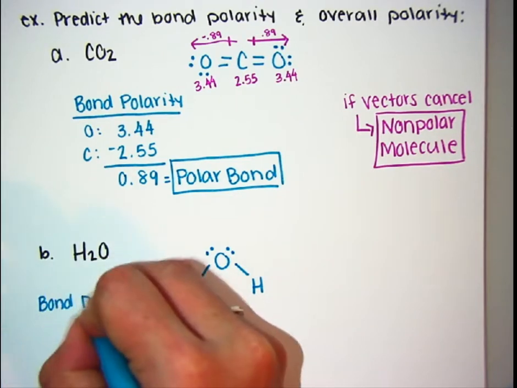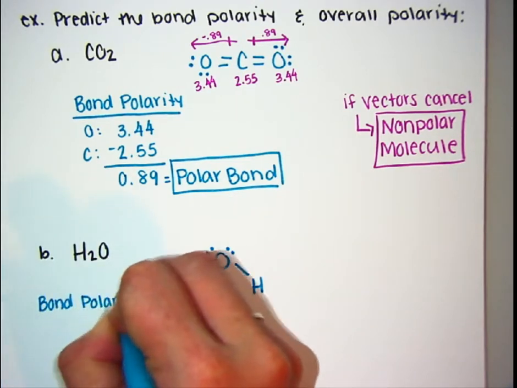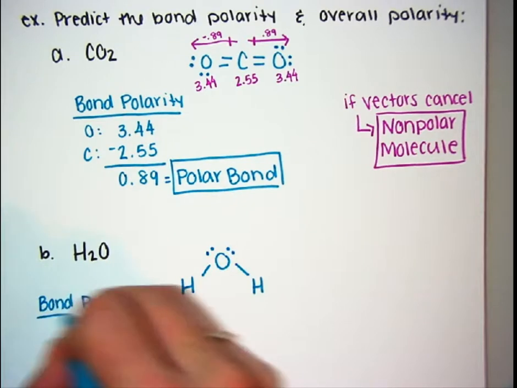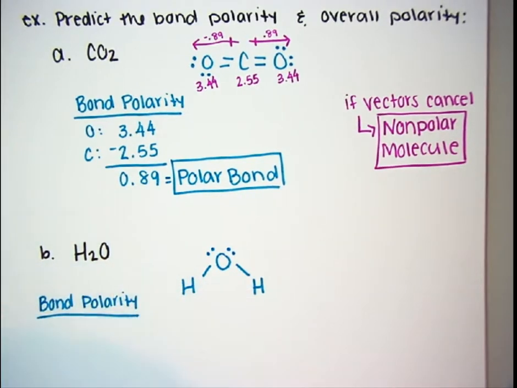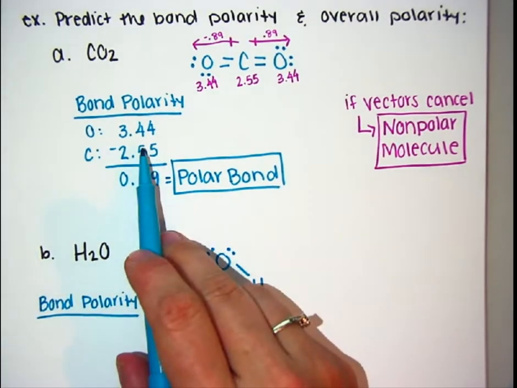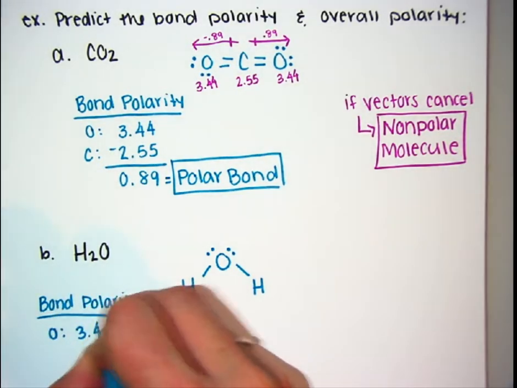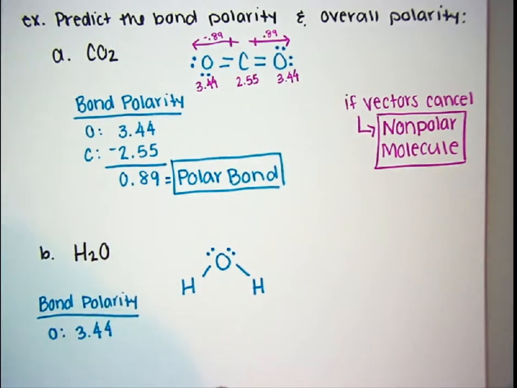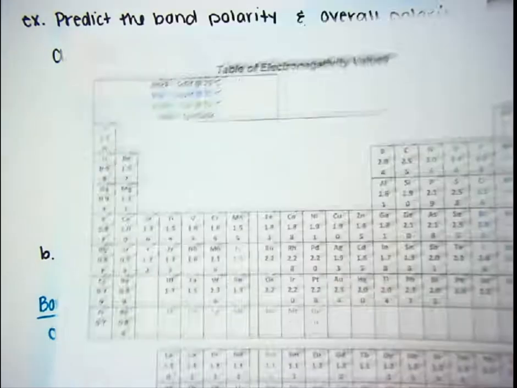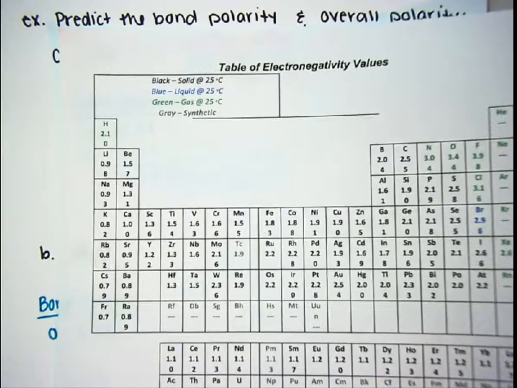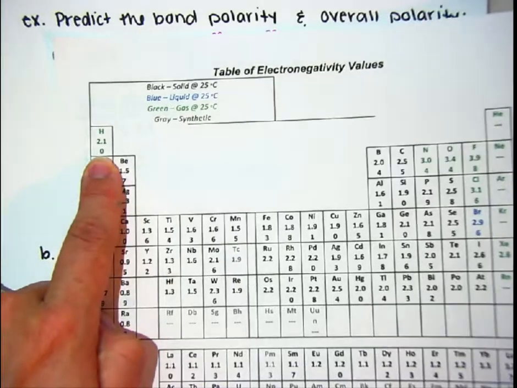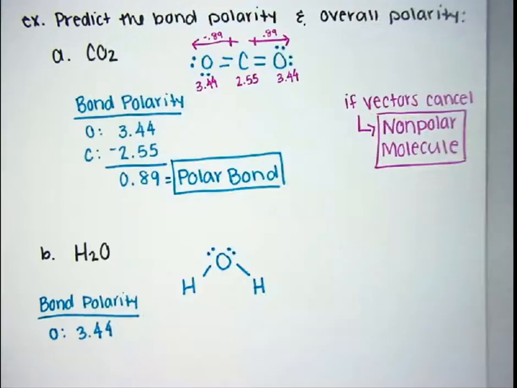Let's start with bond polarity. Oxygen is 3.44. So then I can grab my reference sheet and I could look up hydrogen. Hydrogen is 2.10.